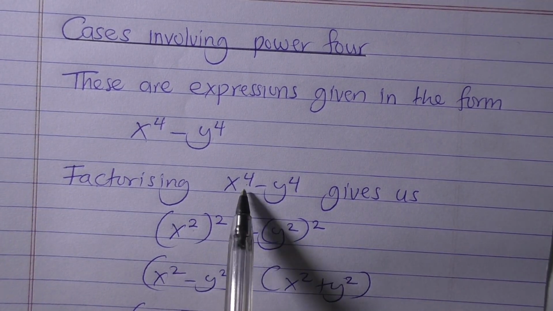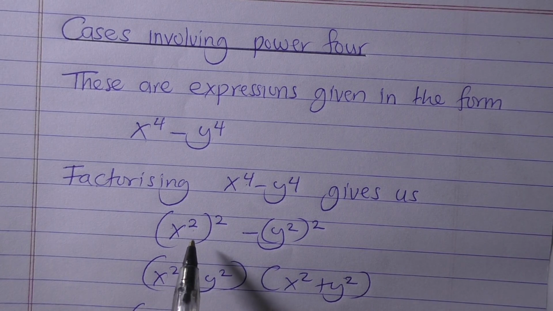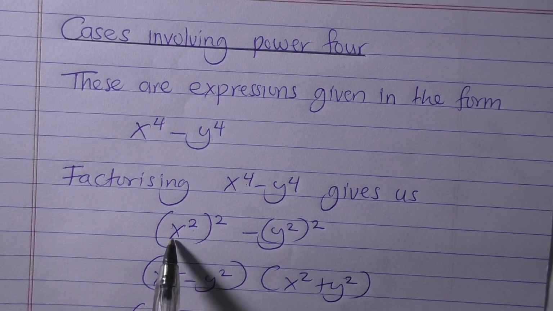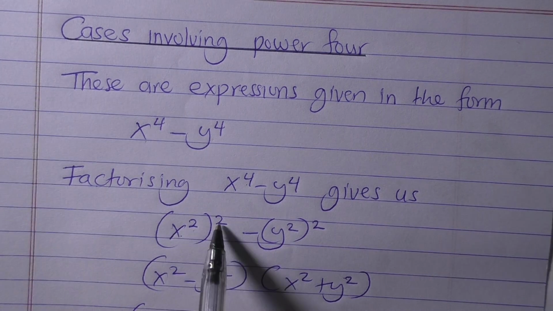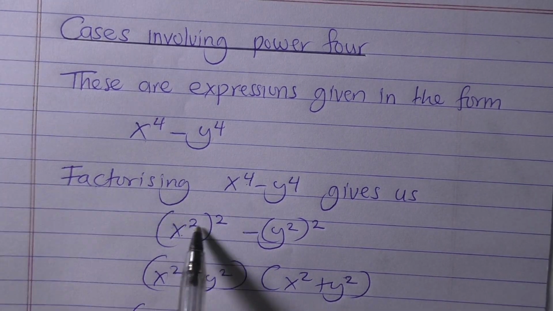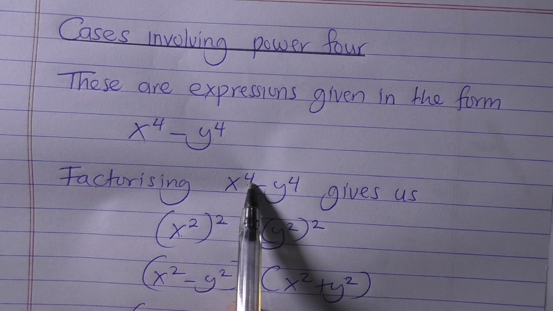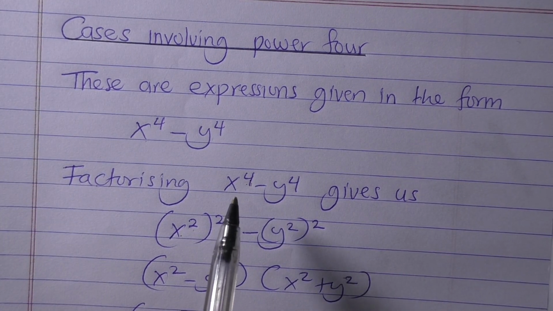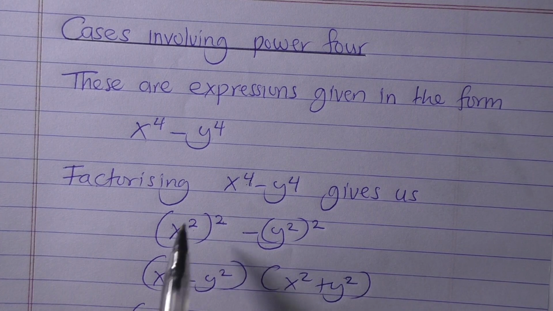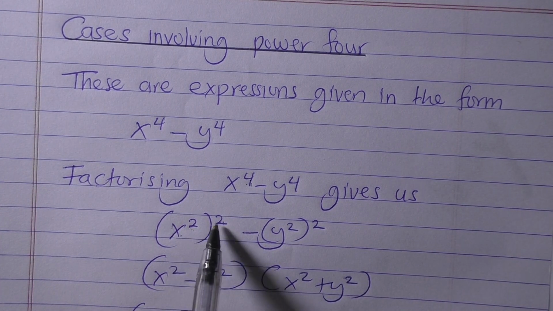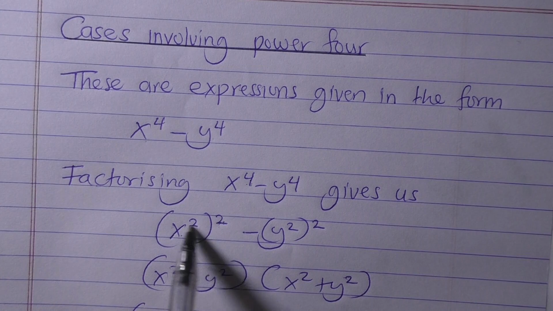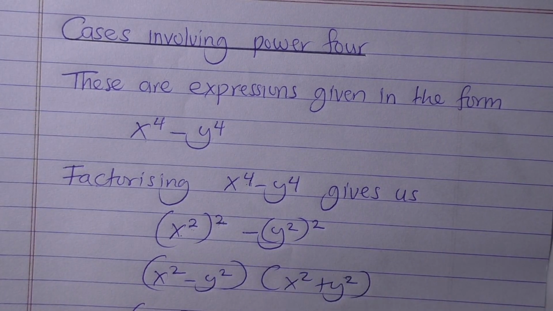So power 4, we shall apply indices now, whereby power 4 is the same as x squared, squared. When the square multiplies the square, that's when we get power 4. So when factorizing any expression having power 4, we get two square powers on the terms we have.